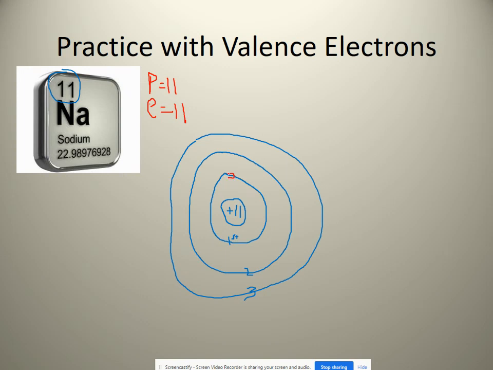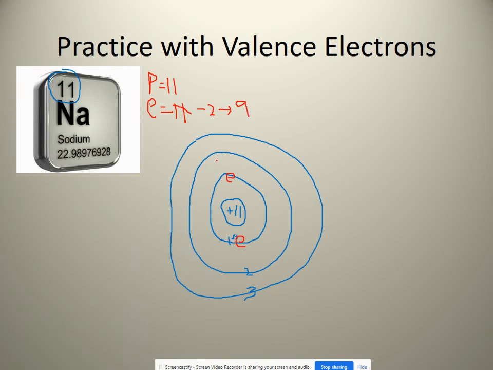So I'm going to go ahead and draw my 2 electrons on here. Remember, these are negatively charged. Okay, so one thing I want you to do is keep an inventory of your electrons. So if I just used 2 electrons, how many are left? Now I have 9 electrons, okay?